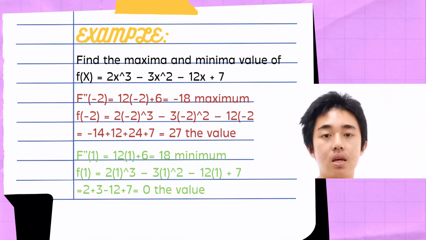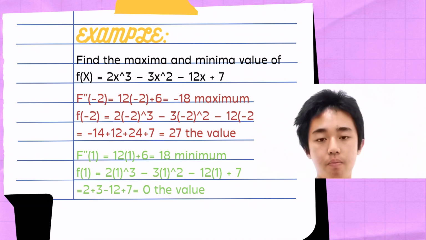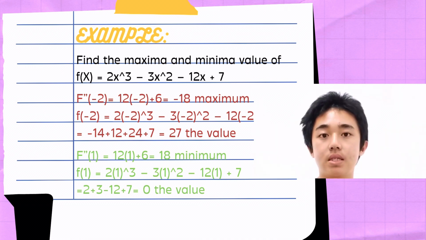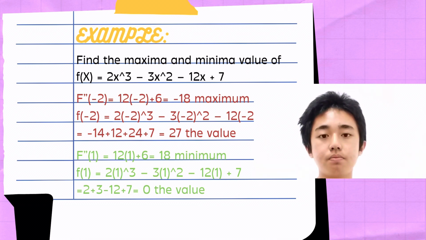So it is 2 times (-2)³ minus 3 times (-2)² minus 12 times (-2) plus 7. That gives us -16 - 12 + 24 + 7, and the value of the maximum is 27.